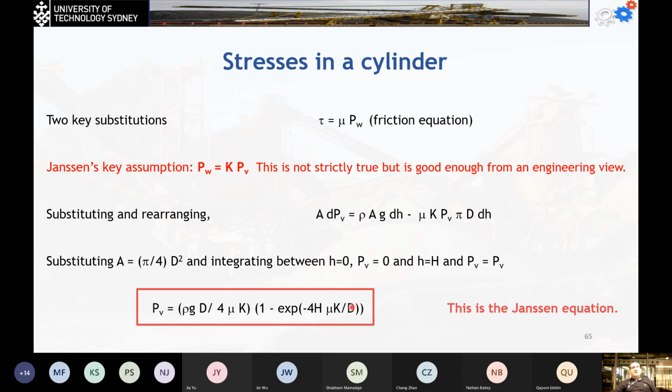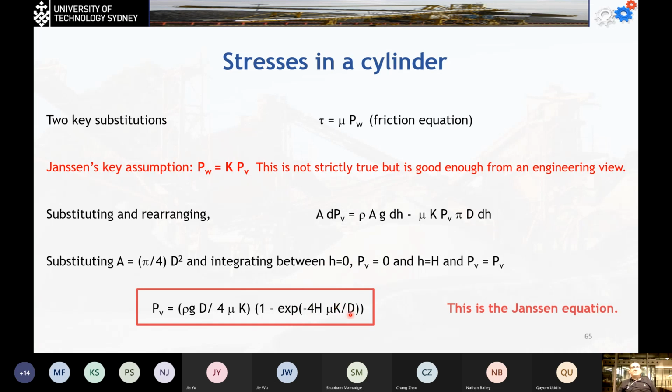Substituting and rearranging, we end up with this equation: the pressure is equal to the density multiplied by the gravitational acceleration multiplied by the diameter of the silo, divided by 4 mu K, all multiplied by 1 minus the exponential of minus 4 h mu K divided by D.